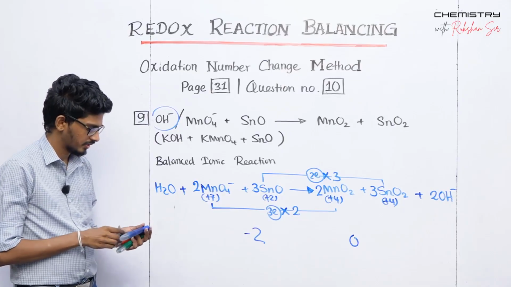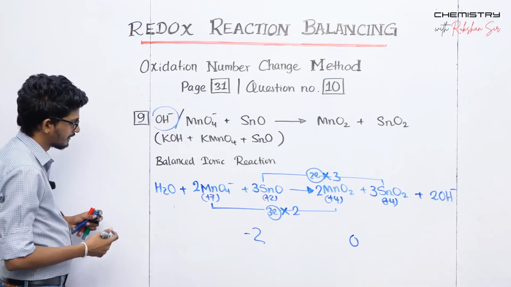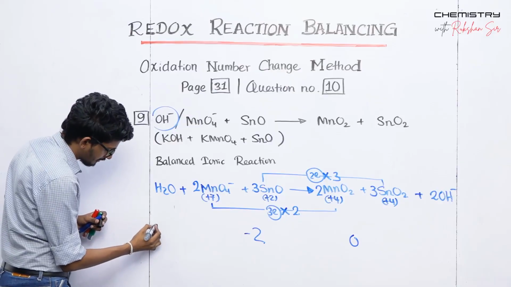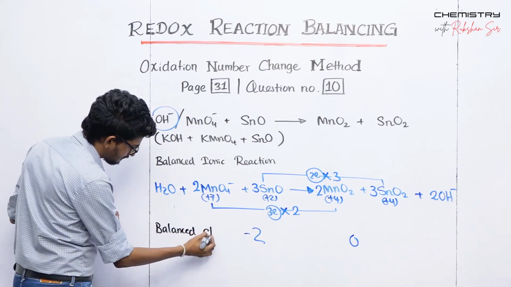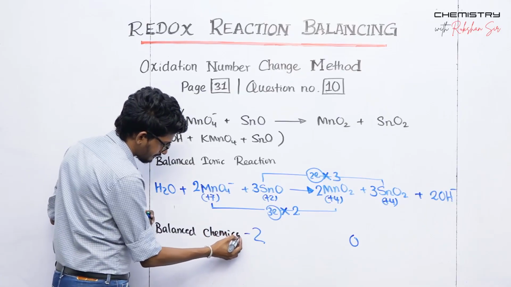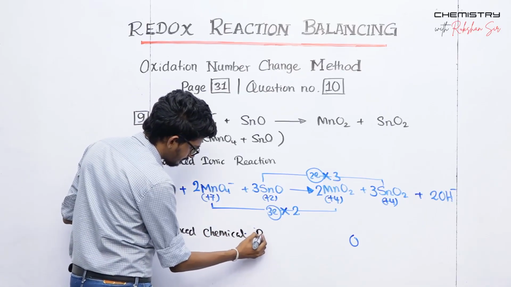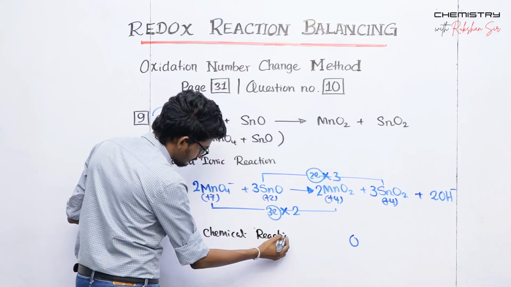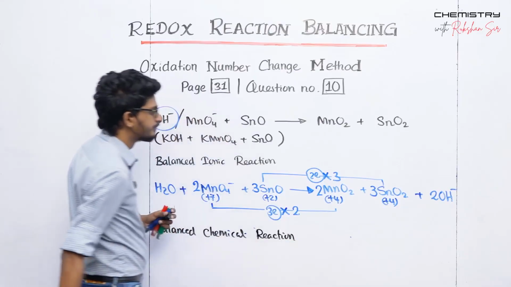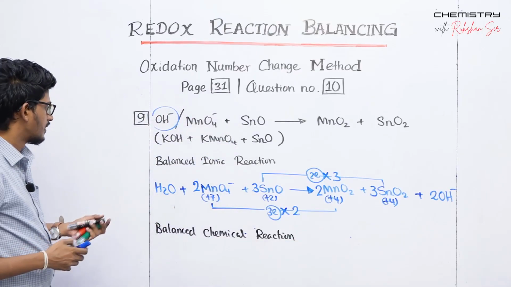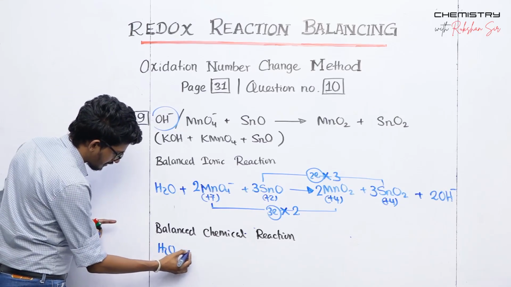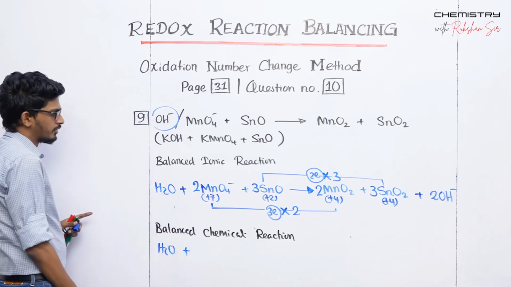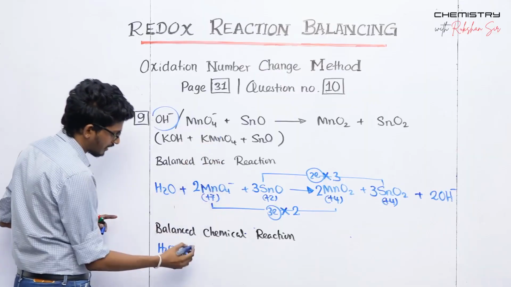Right now, okay, let's try to come up with the balanced chemical reaction as well. You can write the H2 as it is, right? It is an uncharged species. MnO4 minus should be written as KMnO4, right?